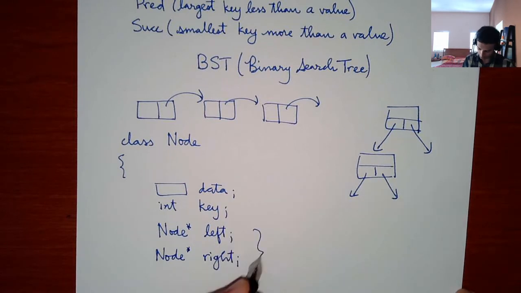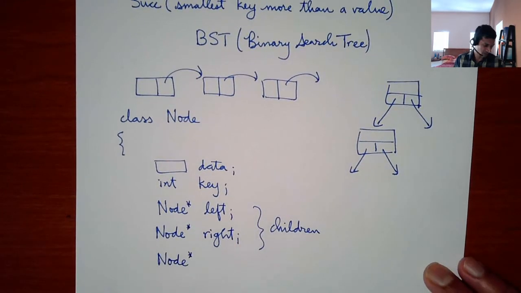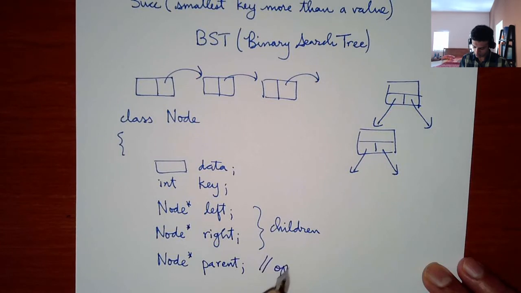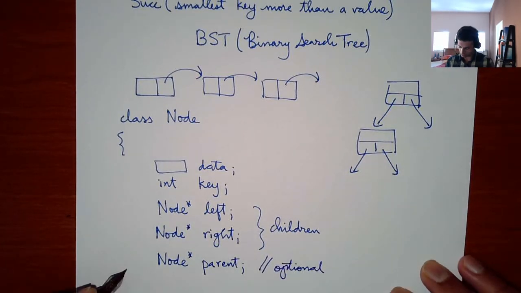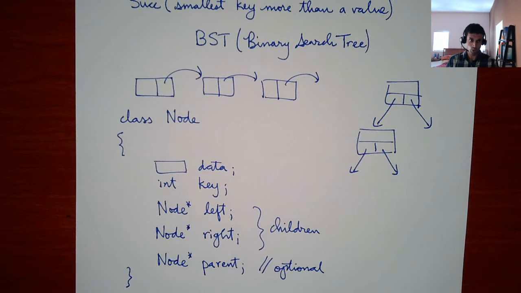These are called the children. And then there is a third pointer, which in some senses is optional, a parent pointer. You don't necessarily need it, but it does make a lot of things easier. And this becomes the class or the basic node in a binary search tree.